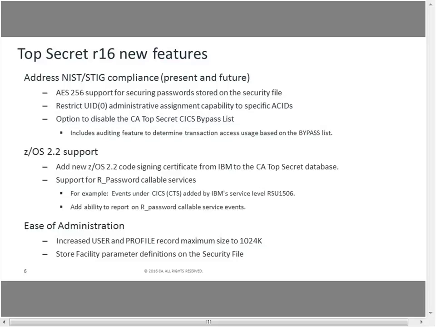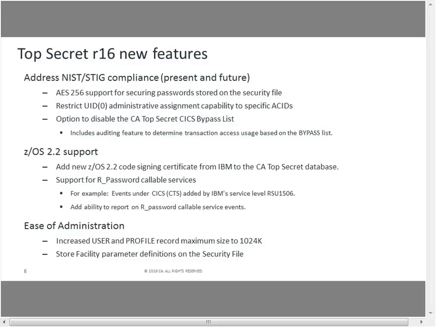The next category that we've bundled things in is the ease of administration. As customers are moving forward in their implementation of the product, the expansion of the ACID size, the user ACID profile record size is needed and has been asked for. So we've actually delivered that.